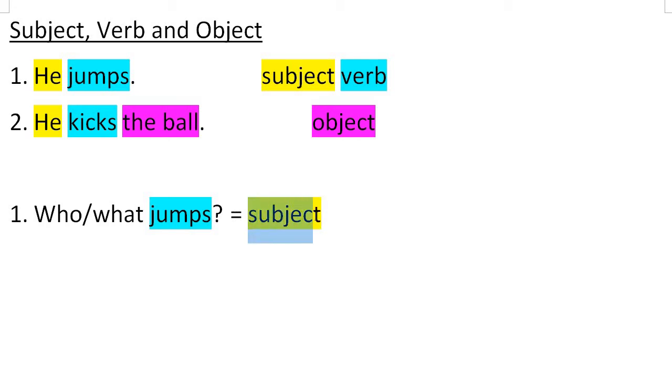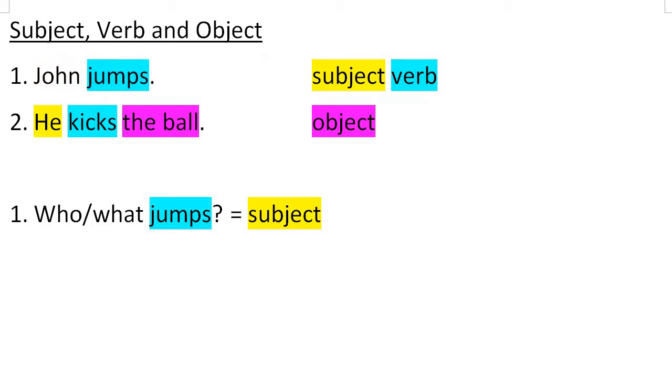So the answer to that, of course, is he. So a pronoun or a noun can take that function. Now I can change the sentence, and I can say John jumps. That's still the answer to that question. Who or what jumps? John jumps. So John will be my subject.